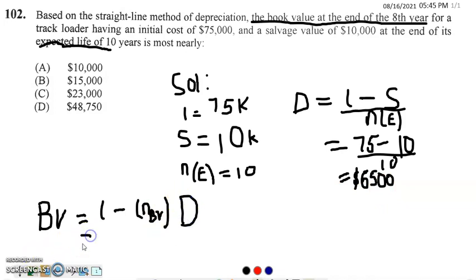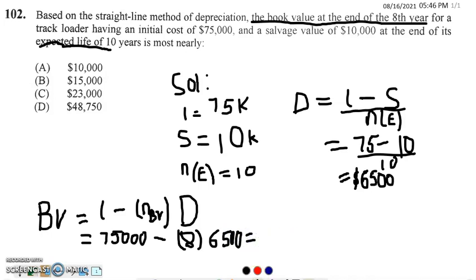So if you do that, initial value we know is 75,000 minus N is 8, not 10, it is 8, not 10, times 6,500.